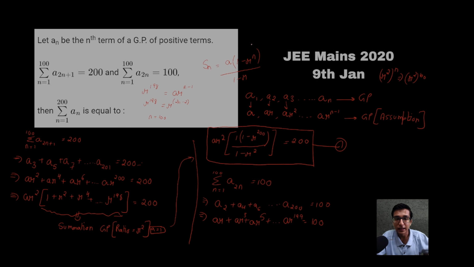Let's try to think this through. In the first part, the odd terms a3 plus a5 plus a7 up till a201, the sum of these numbers has been given. And in the second one, the even terms, a2 plus a4 plus a6 up till a200 has been given. So what if we add these two equations?